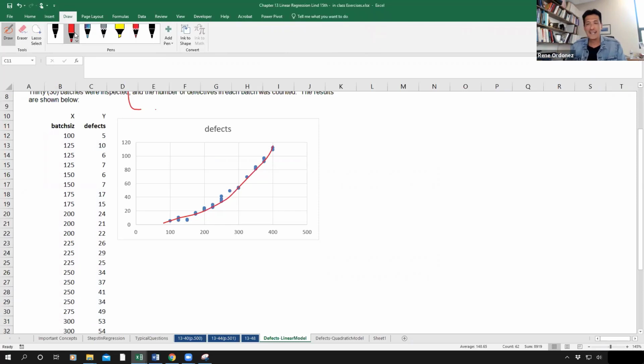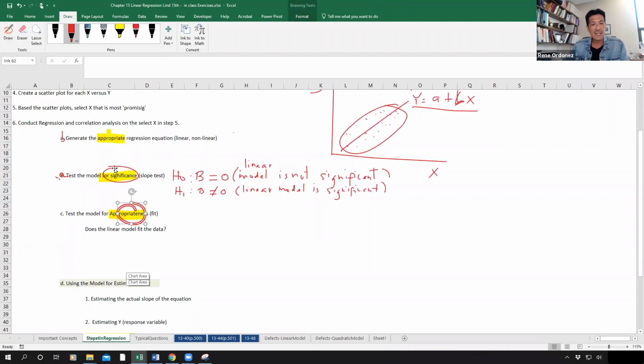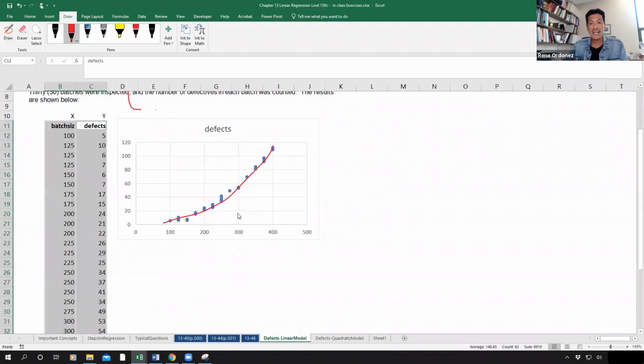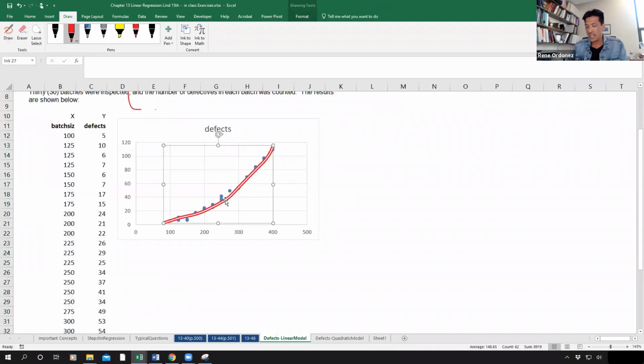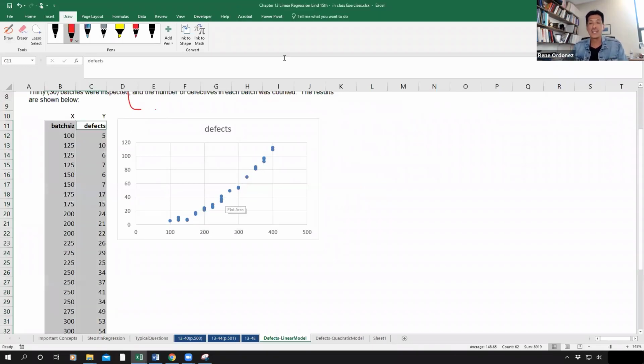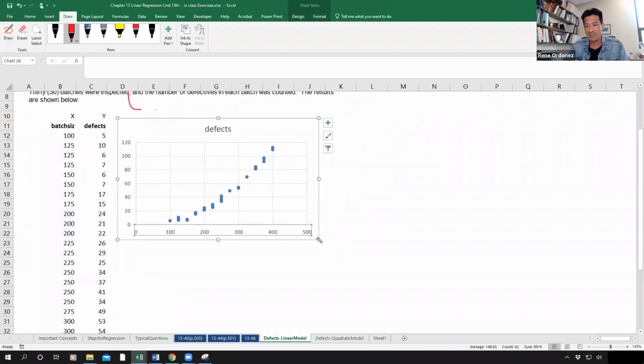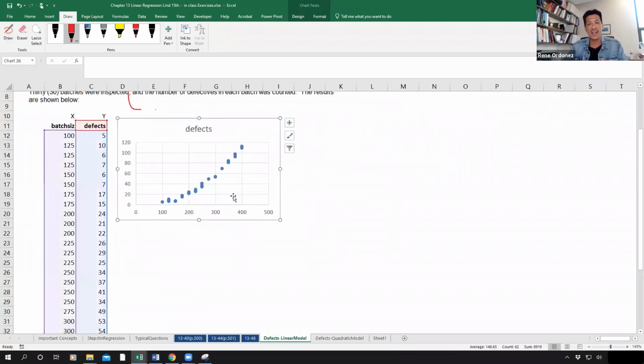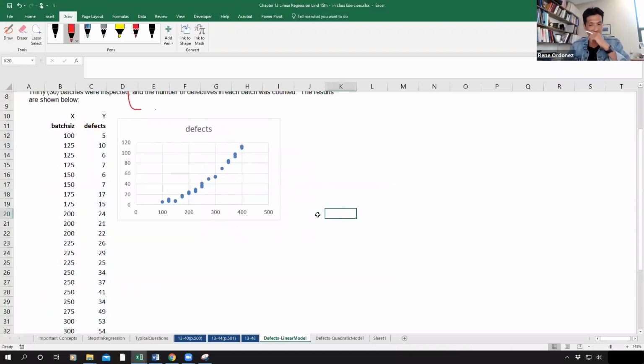All right. Now, just so that we can explain this process of testing significance and then testing the appropriateness of a model, let's develop a linear model instead of a non-linear model.